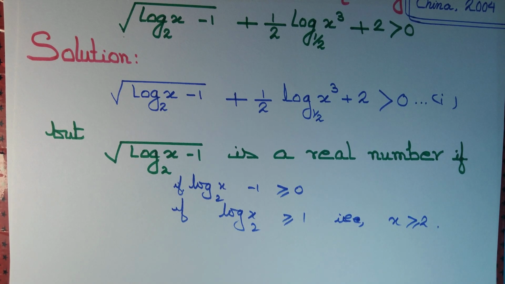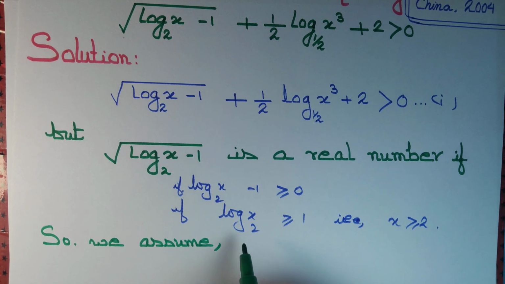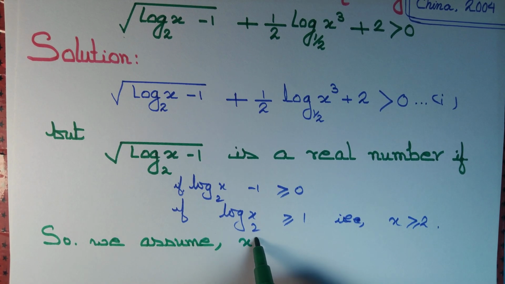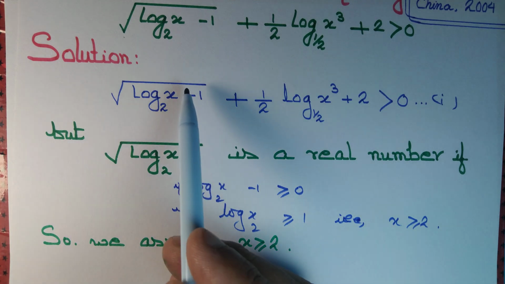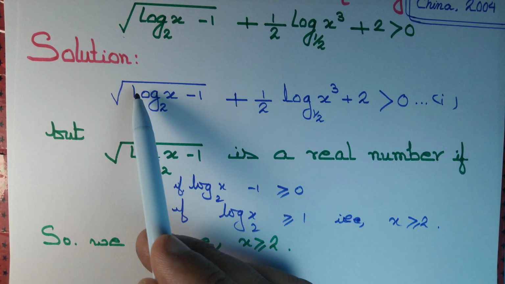So we assume x is greater than or equal to 2. When we take x greater than or equal to 2, we find that this quantity remains defined.